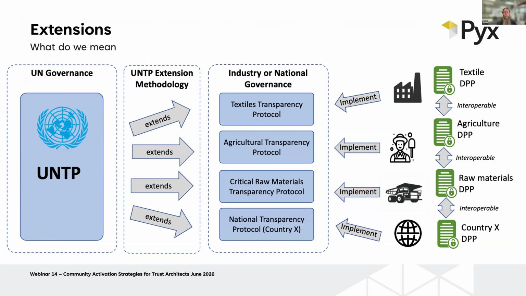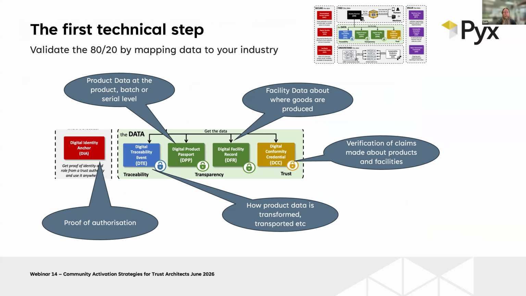And so the first technical step of building an extension is to map the data. What we articulate here is that these five data elements are the five components of UNTP, and mapping the key data requirements or key data elements to these five components is a very strong starting point to say, oh, I can see how this meets 80% of our needs.